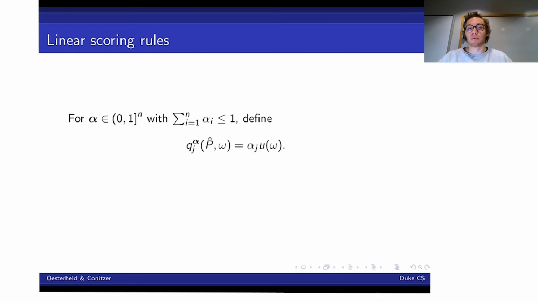For each expert, there's some fraction between 0 and 1, and the expert is simply paid that fraction of the utility that is eventually obtained by the principal. We saw this earlier in the example, where Alice gives Bob 5% or 30% of her startup, so their alpha would be 5% or 30%.